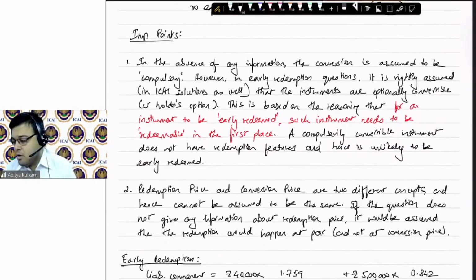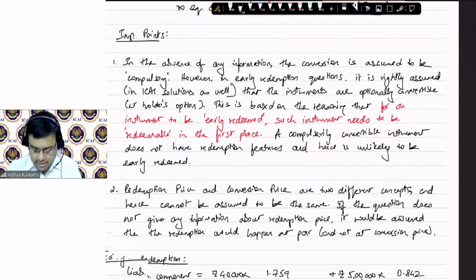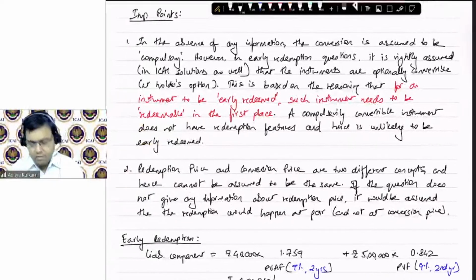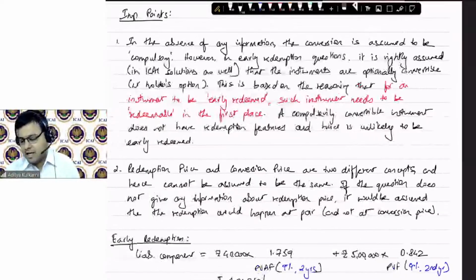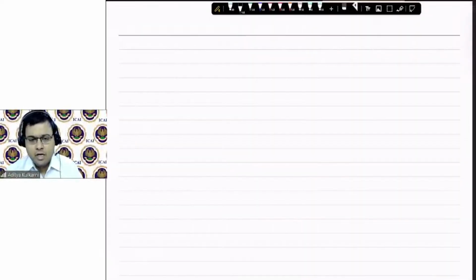We will make the amortization table. We have to do that, otherwise we cannot proceed. You can do it any point of time, immediately after initial recognition or as a part of early redemption.